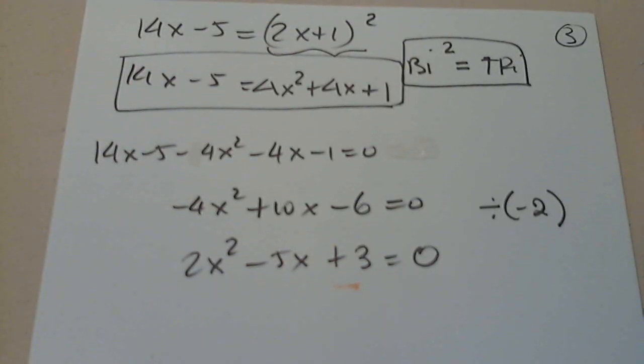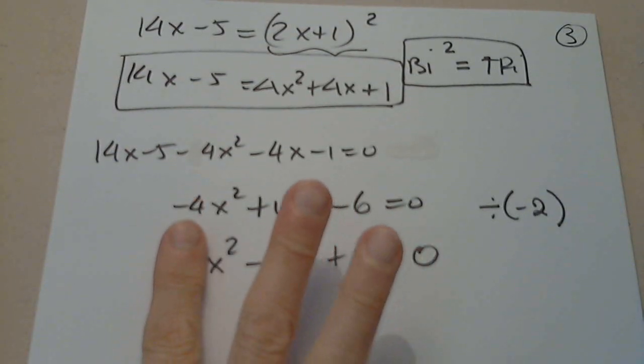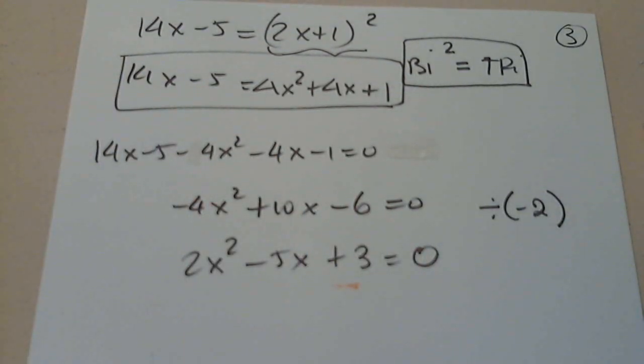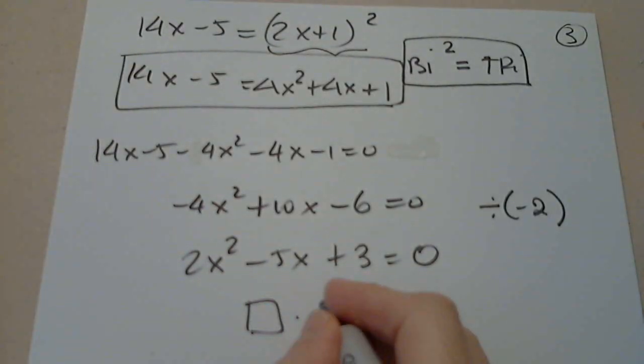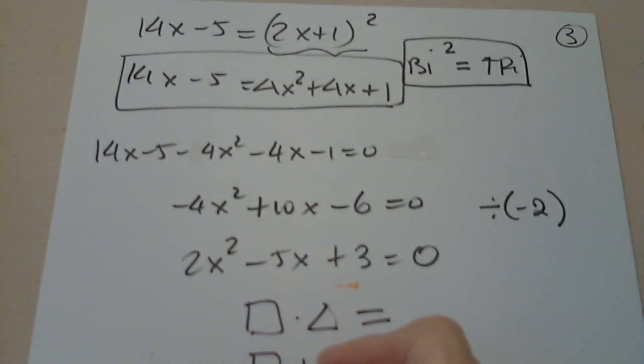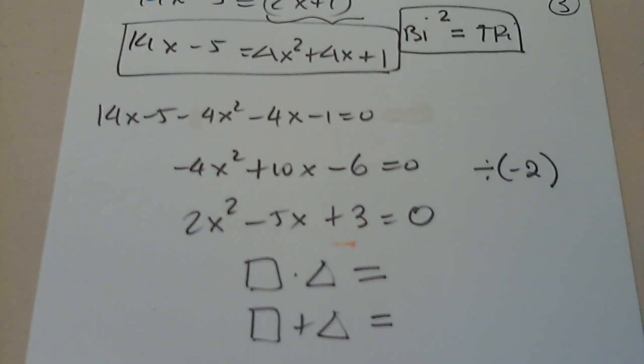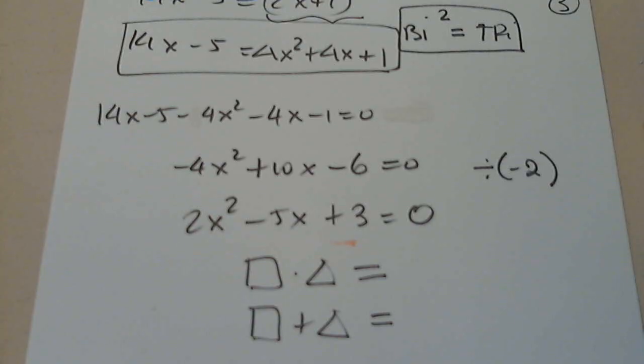Now I have to factor. It's in descending order. No negative leading coefficient, no special product, because this is not a perfect square. 1 is not the leading coefficient, so it's the long procedure. Meaning, I need two numbers whose product is and whose sum is. Can anyone give us the number that is the product and the number that is the sum before we start the procedure of finding those numbers?